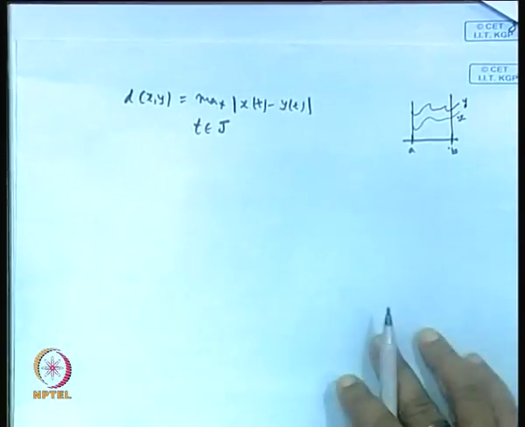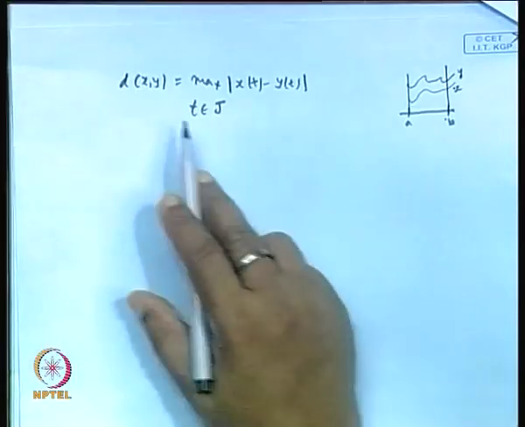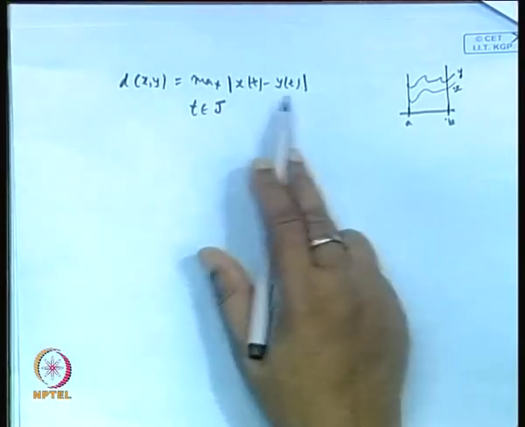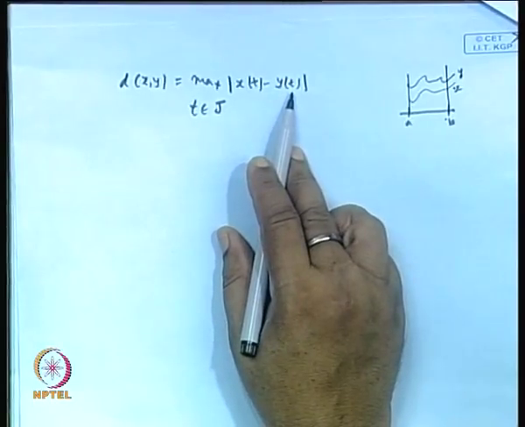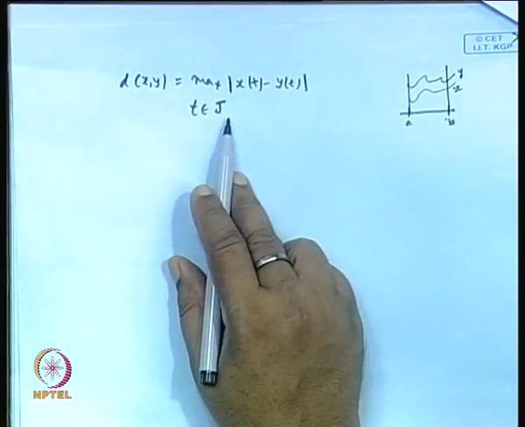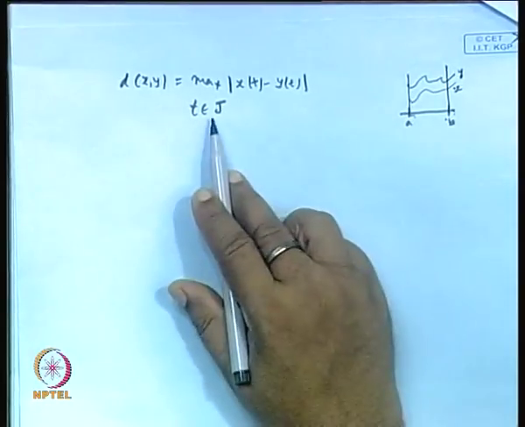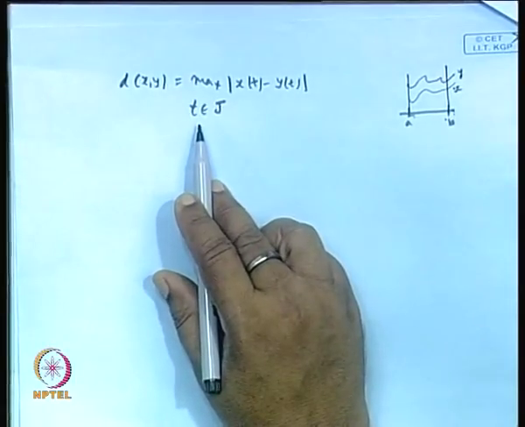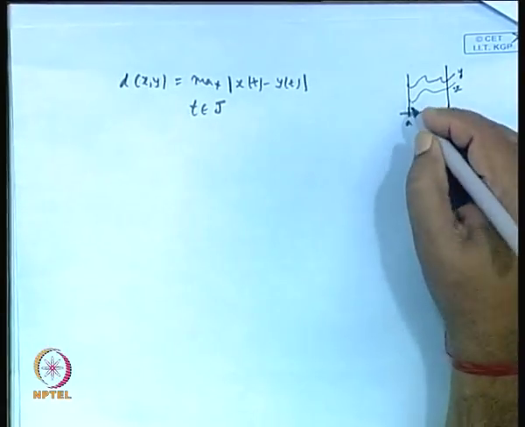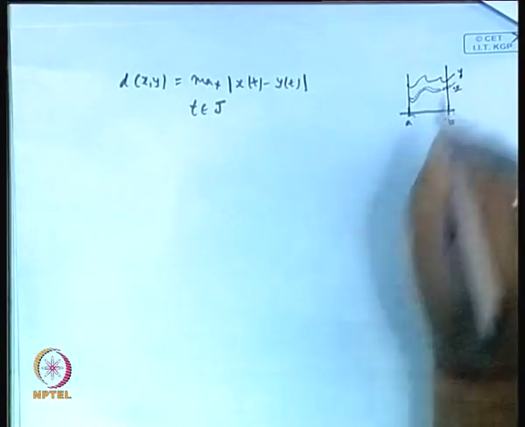Then the second part is whether d being 0 implies x equal to y or not. If I take d of x y to be 0, then the maximum of this thing is 0 for t in J, where t is varying over the closed interval [a,b]. Now, when the maximum difference is 0, this is only possible when x and y are basically identical.